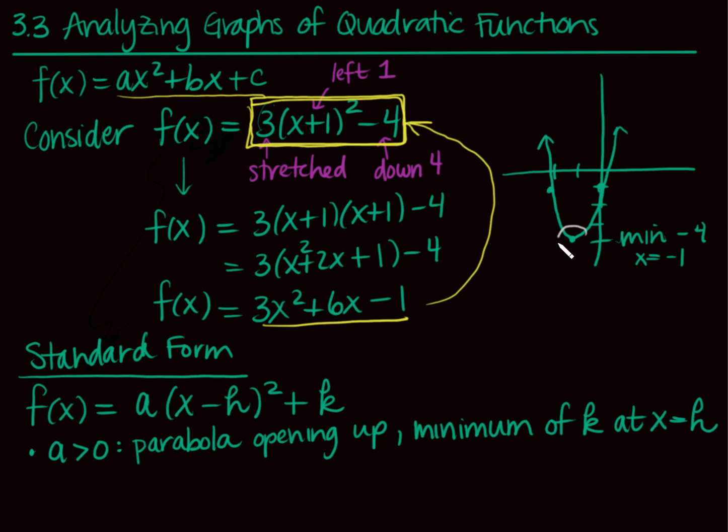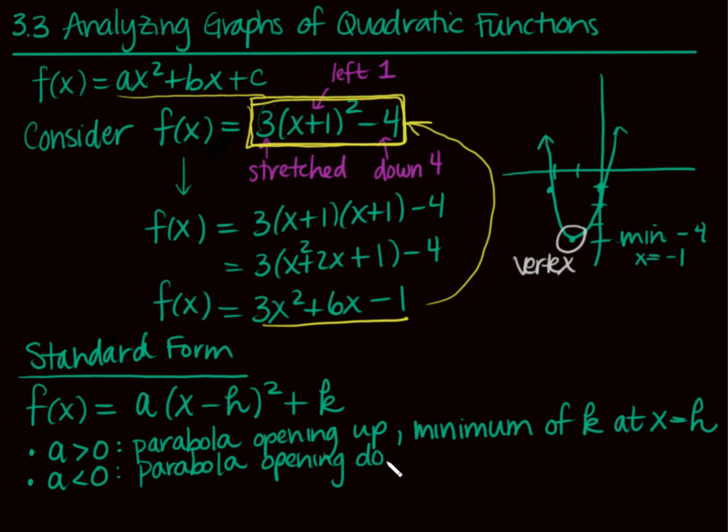So this point right here is what we call the vertex. We'll write that down here in a second. And the vertex is always the point where my parabola attains its maximum or its minimum value. If a is less than 0, we have a parabola opening down, because if a is less than 0, that means it's negative.